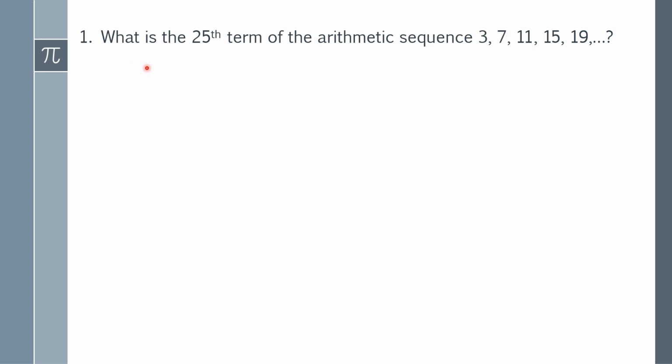What is the 25th term of the arithmetic sequence 3, 7, 11, 15, 19? So using the formula, let us now substitute. Our n is 25. Our first term is 3. So we have 25 minus 1. Our d is 4.